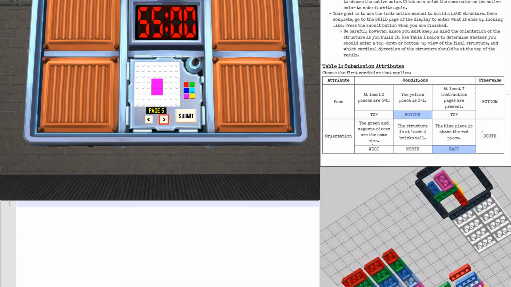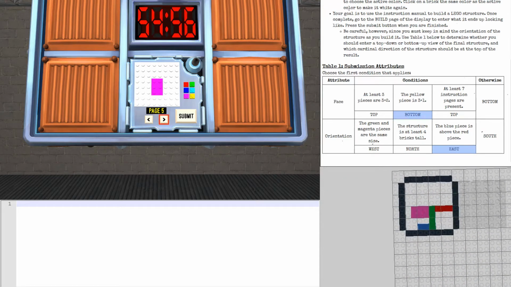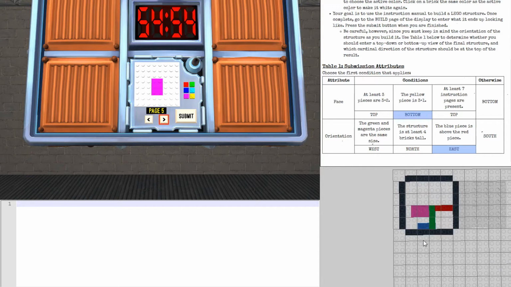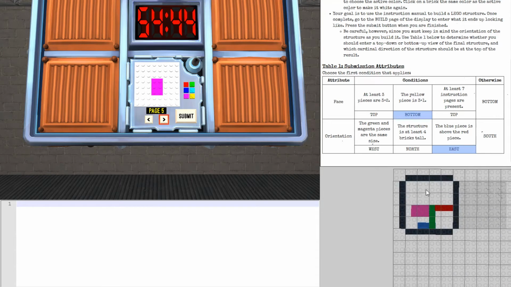So we want that to point up, so we orient it this way. And now you will notice that some of the pieces that we've placed are completely covered. We can only see the magenta, green, red, and blue from here, but not, for example, the yellow and the cyan. But that's okay, because that's all we need.